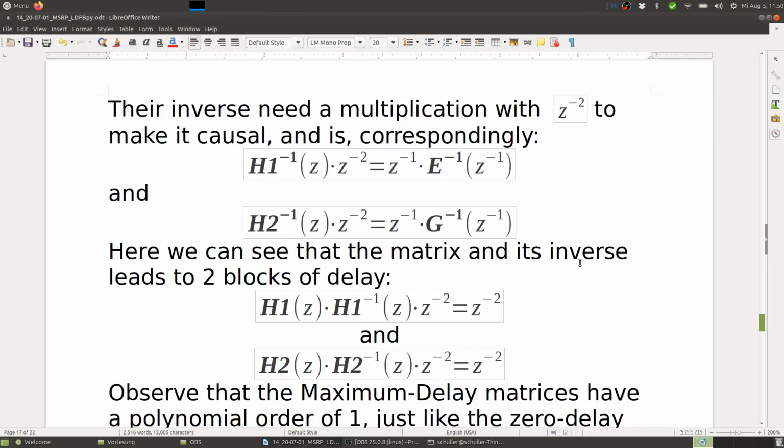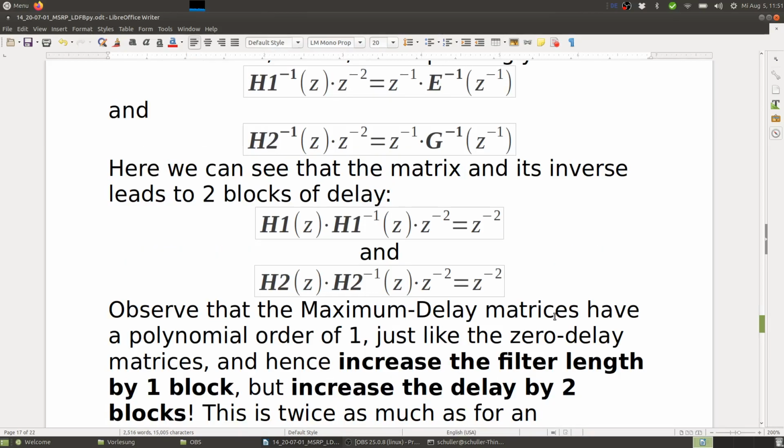That's why we need particularly much delay to make this causal. So H1 times H1 inverse times z to the minus 2 is z to the minus 2 for causality. This is then what we can use to increase our system delay.